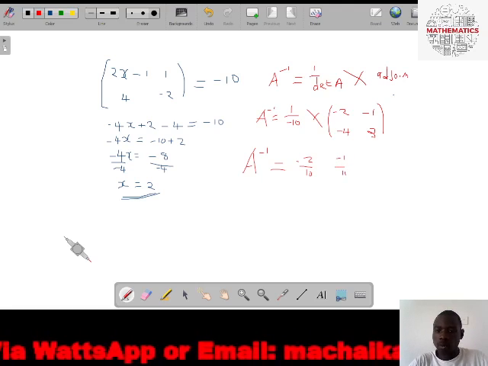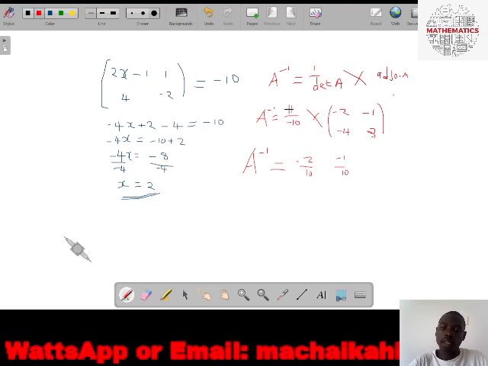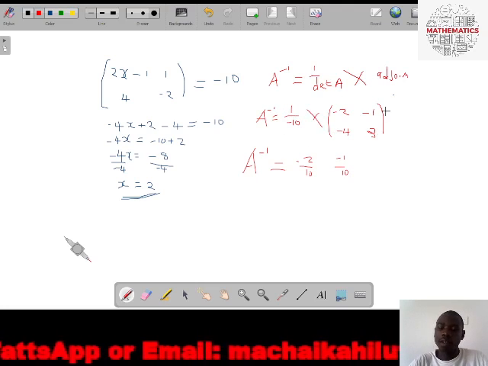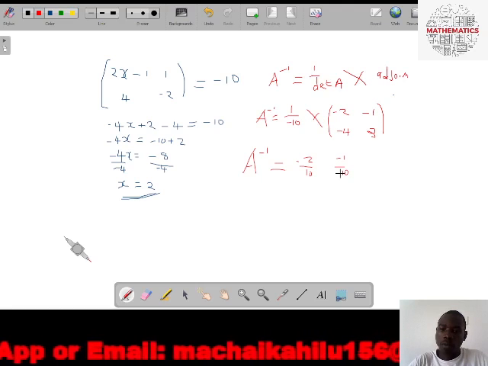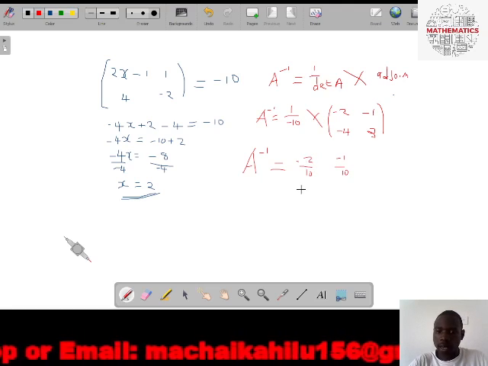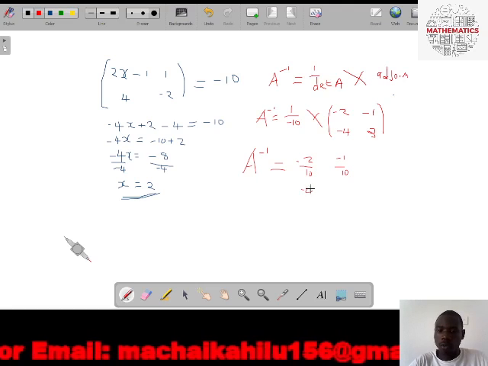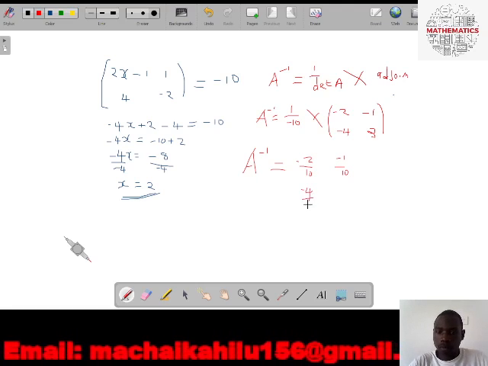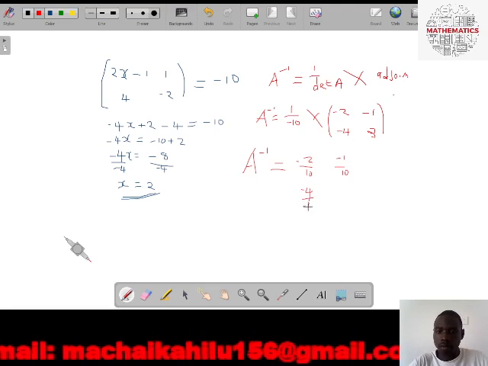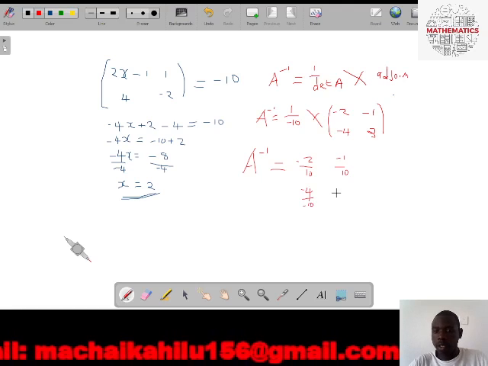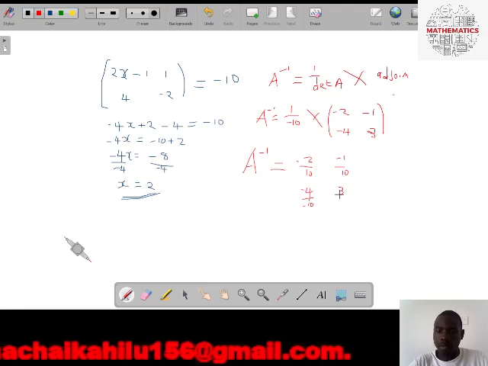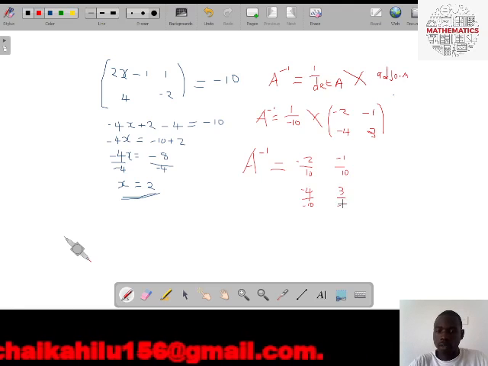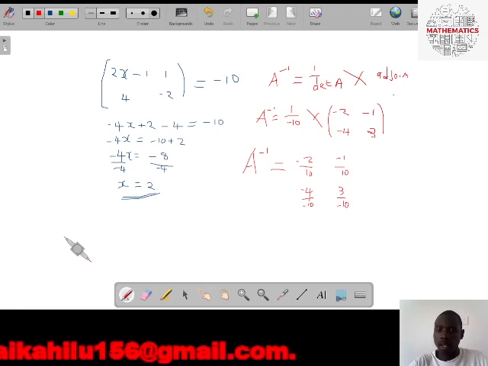In short, we are just multiplying this fraction, 1 over negative 10, times every item in this matrix. Then 1 times negative 4 is negative 4 over negative 10, and then 1 times 3 is positive 3 over negative 10.